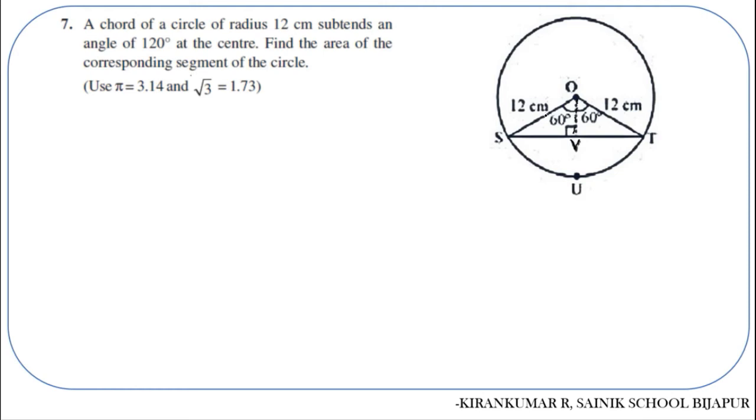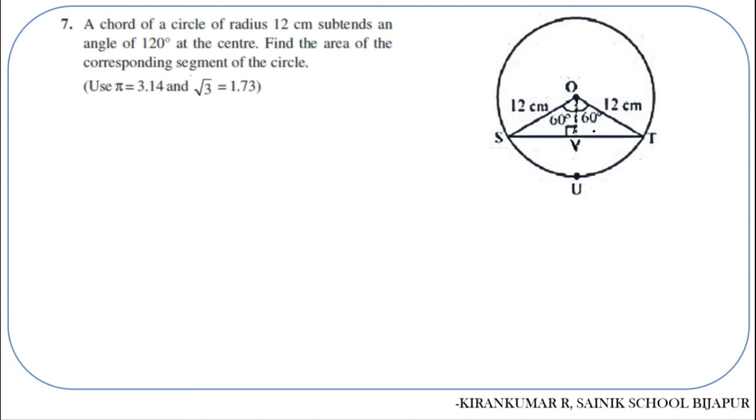Here we need to find area of the corresponding segment of the circle. Here the area of the sector OSUT minus area of the triangle OST will give us area of segment, minor segment.